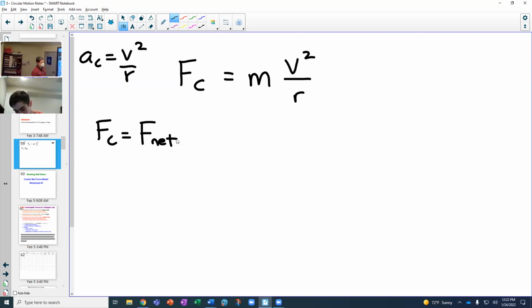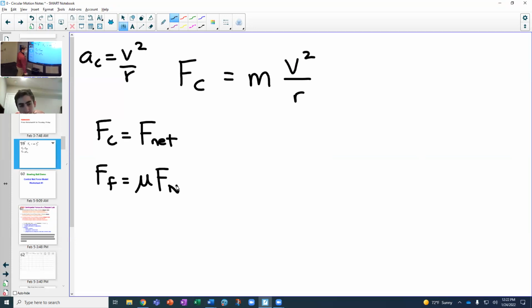So what if the centripetal force was friction, like a car turning on the road and being able to maintain its curved path? There's friction between the tires and the road. What's the formula for friction force? Times what?